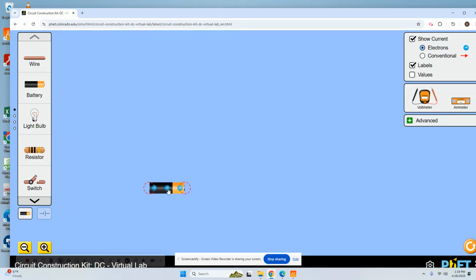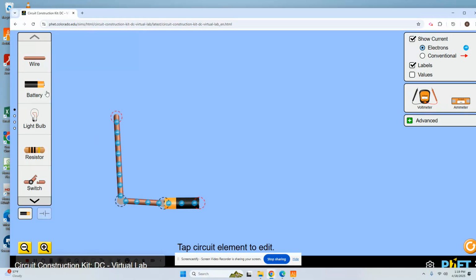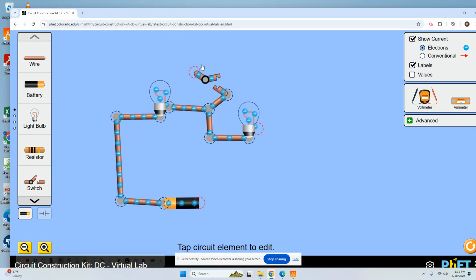So let's try this. We have a battery here. It doesn't matter where that battery is, but I'm going to put it down on the bottom. We're going to build something that looks just like this. Give me about 30 seconds. We had a light bulb up here, correct? And then we had another path over here where we went down to one light bulb. Did we have a switch in the upper portion? Is that right? Okay, so we're going to build this really quickly so that you can see how this happens.